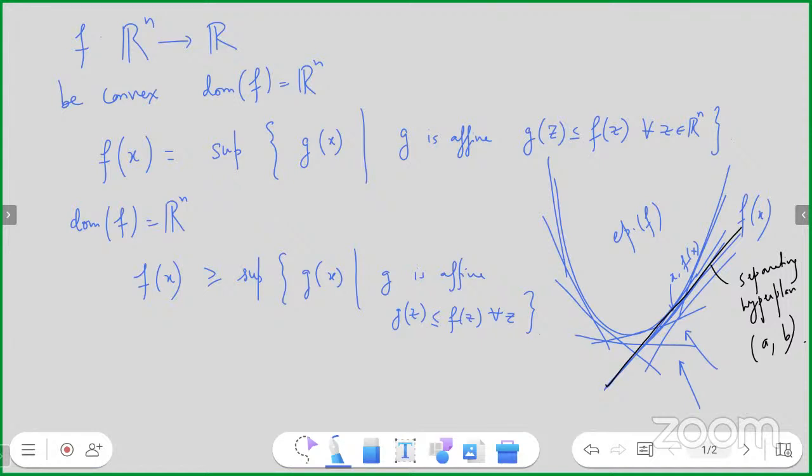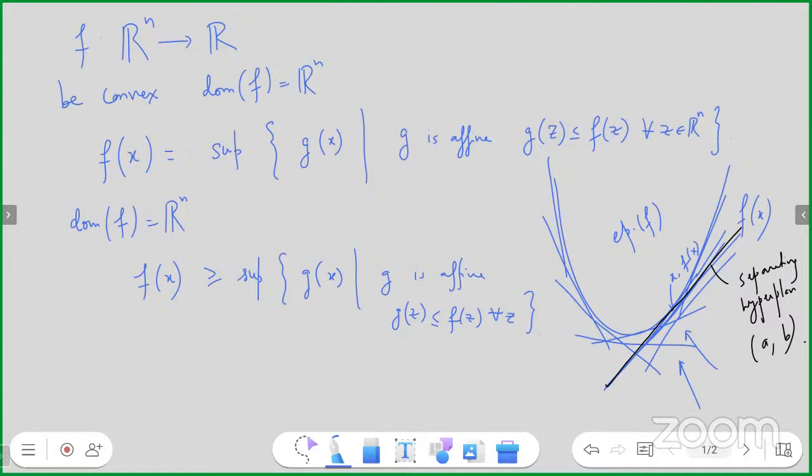And for the reverse direction, it's not the entire contradiction argument that the set is not convex. We're actually going via the construction method.